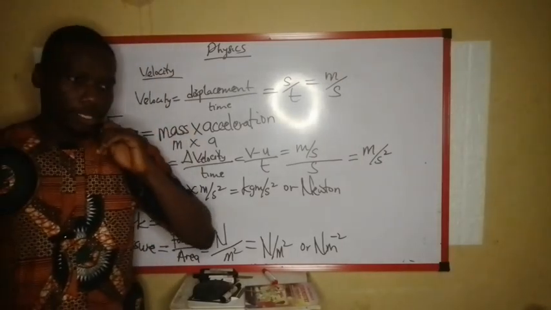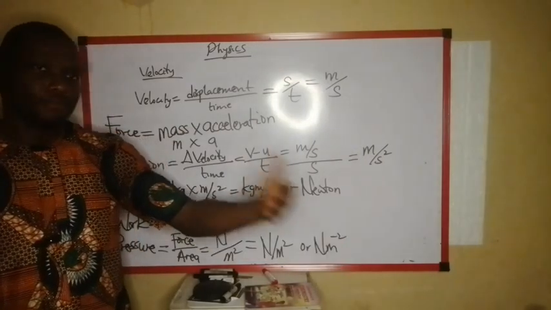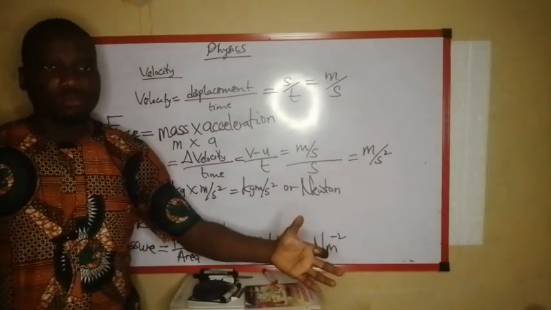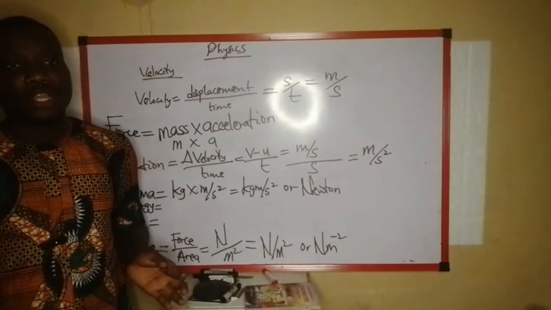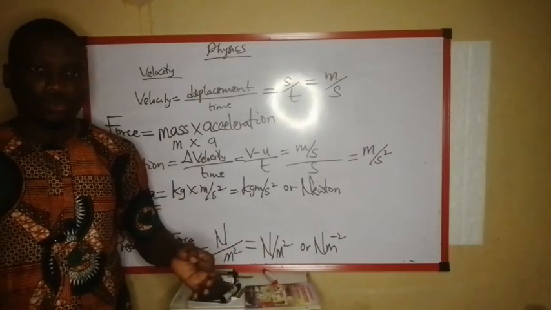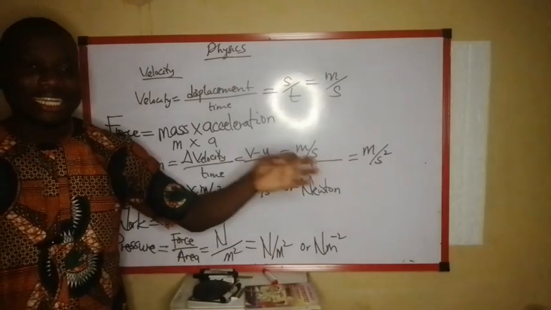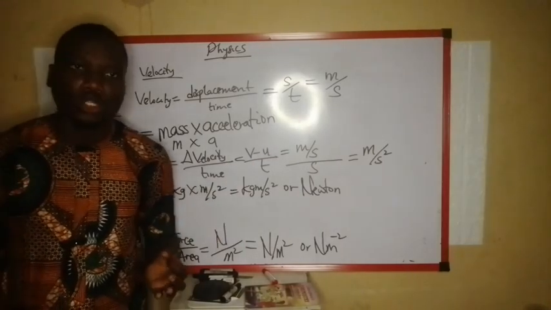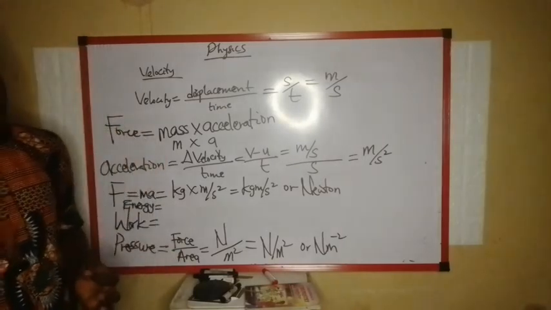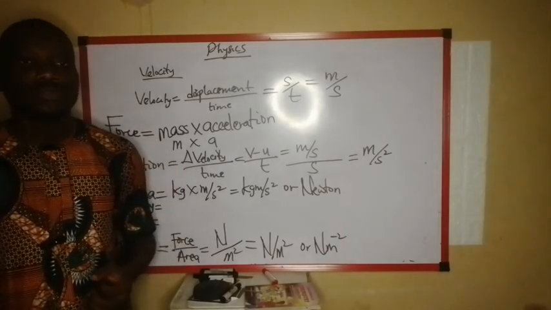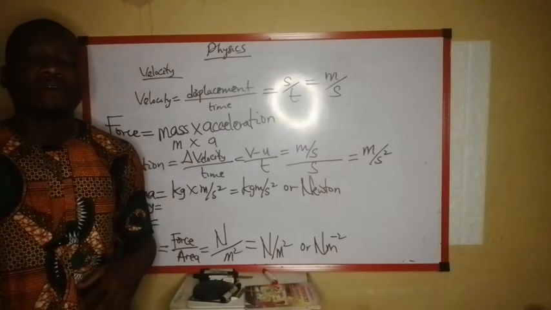Another thing is there's a difference between a scalar quantity and a vector quantity. A scalar quantity has magnitude but no direction, while a vector quantity has magnitude and direction. And magnitude has to do with size. Examples of vector quantity: we have displacement, velocity, force, momentum, and so many of these things.